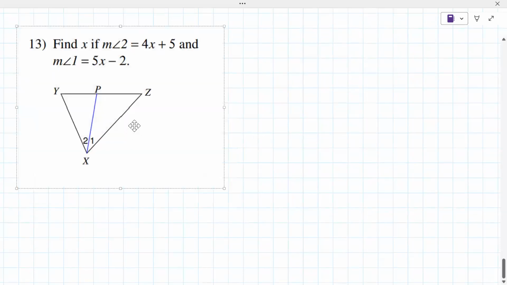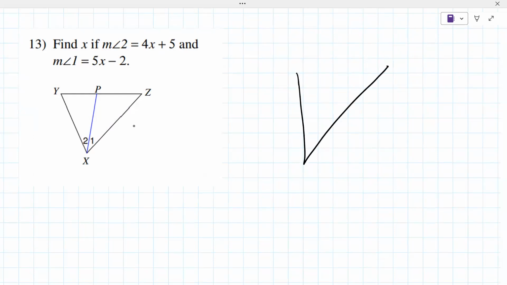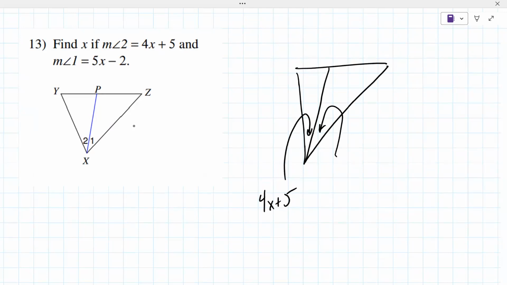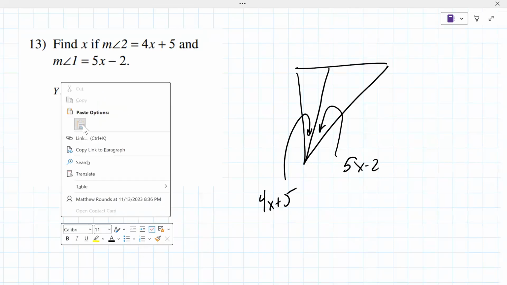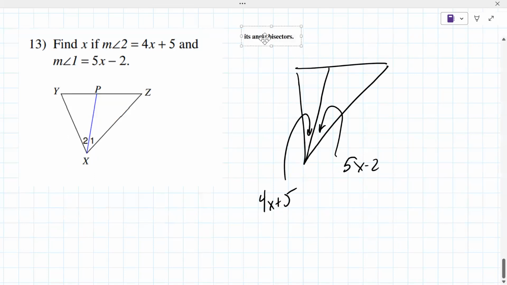All right, find x. Find x if the measure of angle 2 equals 4x plus 5. So it's that one right there is 4x plus 5. And the measure of angle 1 is 5x minus 2. Now, what you didn't see, because I didn't snip it in, but you will when it's on your paper that's grabbed from the internet here, is that these are angle bisectors.